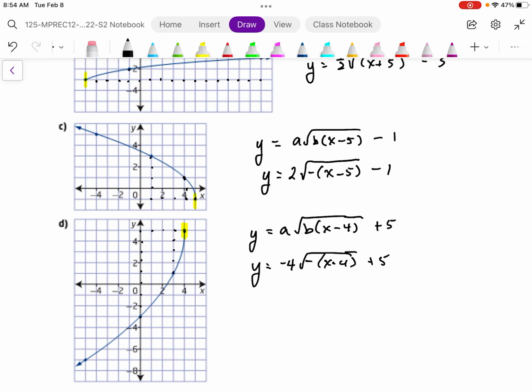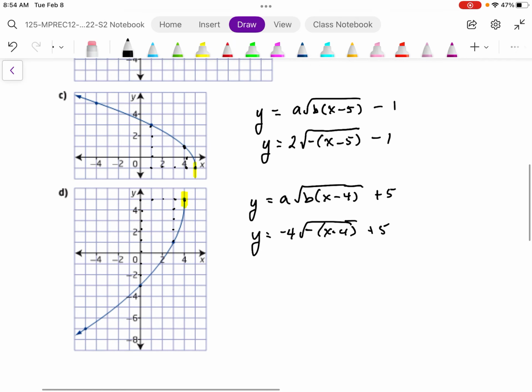Now I'm going to show that we can also do this algebraically and find the a value algebraically. So I can just start with y equals a square root negative x minus 4 plus 5. And then I can plug in an actual value, and I can calculate a, knowing that I've got a horizontal flip involved here and my vertex.